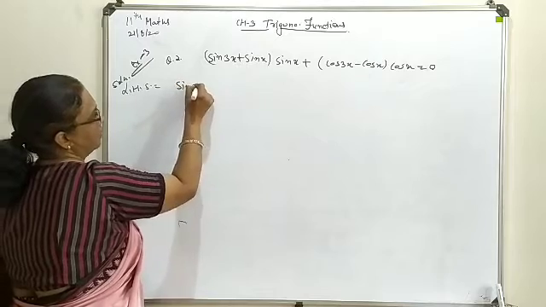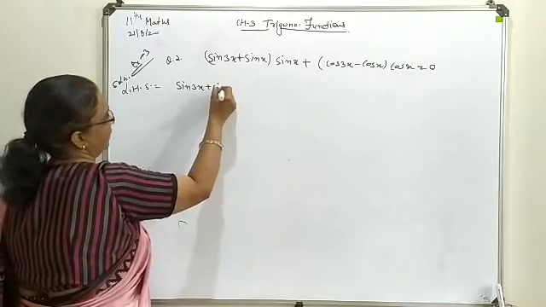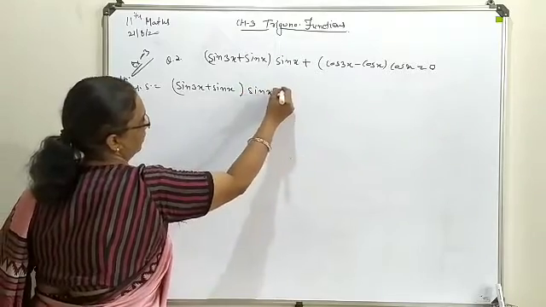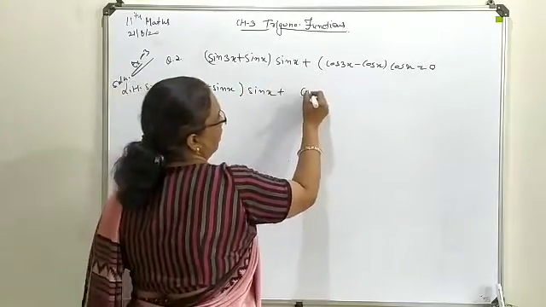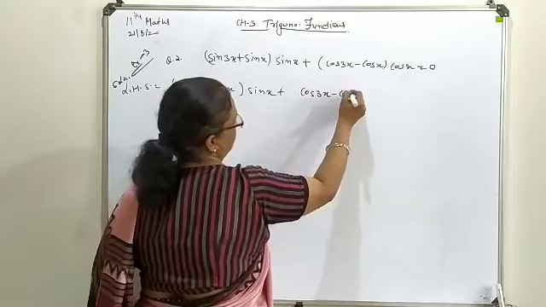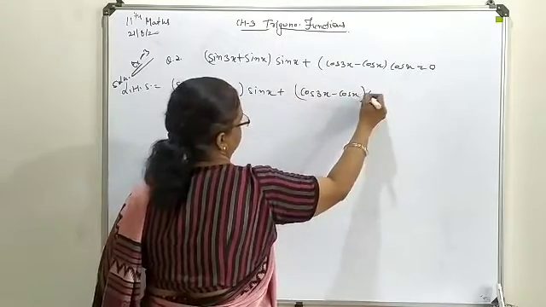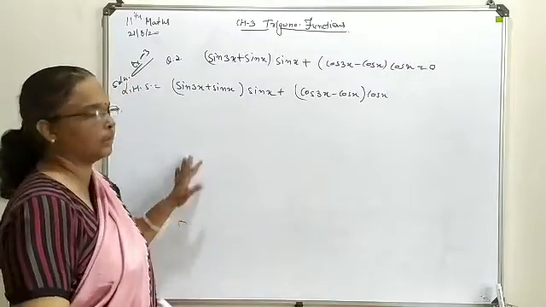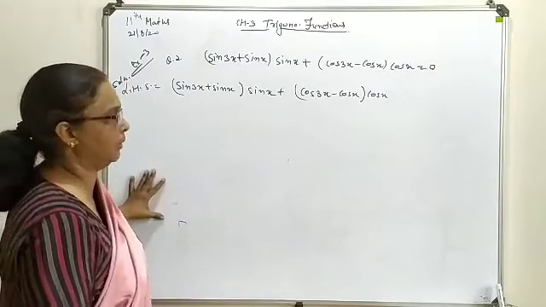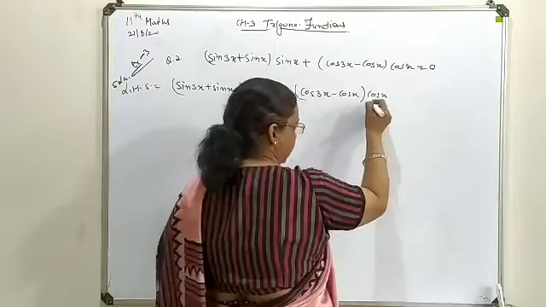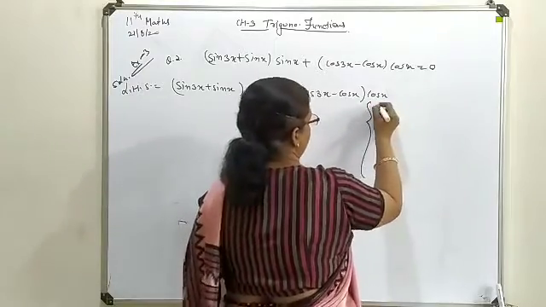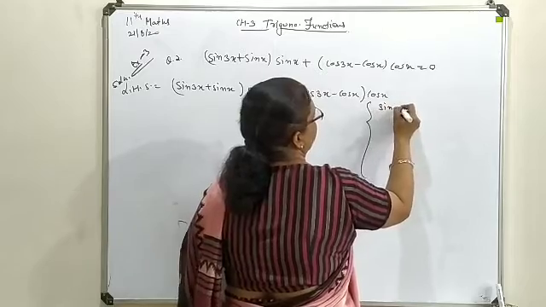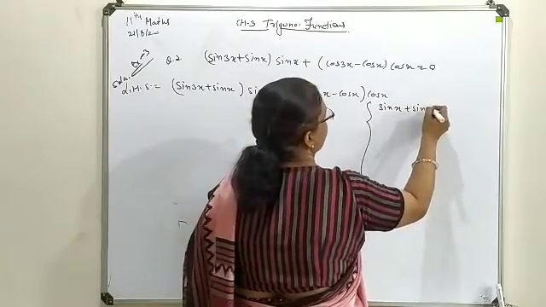Sin 3x plus sin x into sin x, plus cos of 3x minus cos of x into cos x. Formula form, I think it is clear to you. So directly we are going to implement, and if it is not clear, I write here in short. It is your sin x plus sin y.